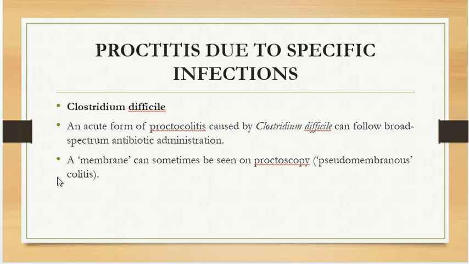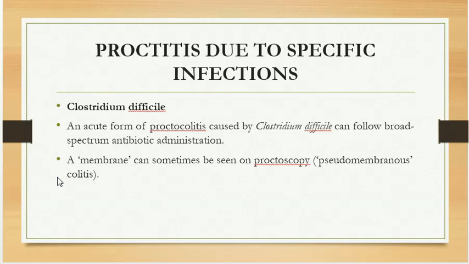Then there is another group of proctitis due to specific infections. These are infections which can also cause proctitis. So there are specific organisms causing proctitis. One is Clostridium difficile.